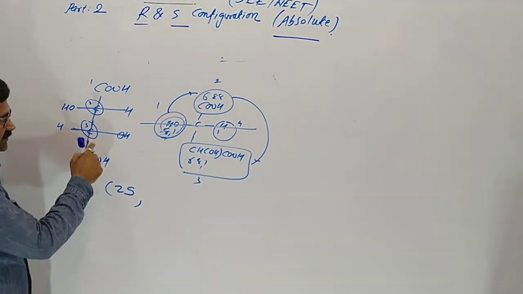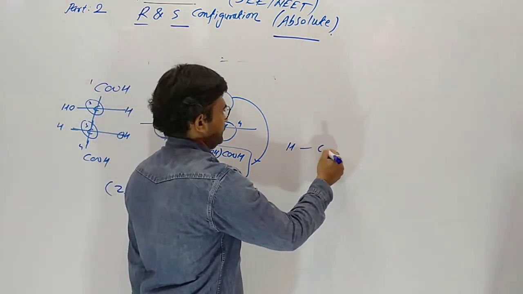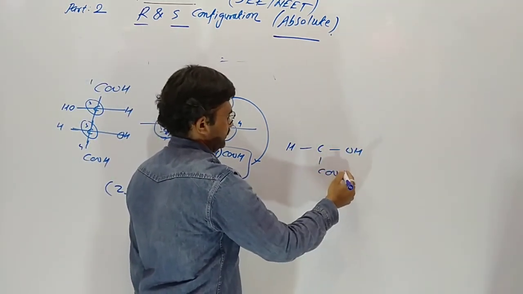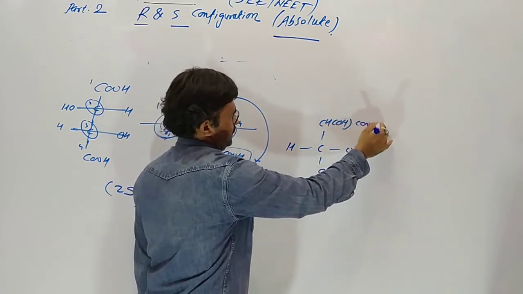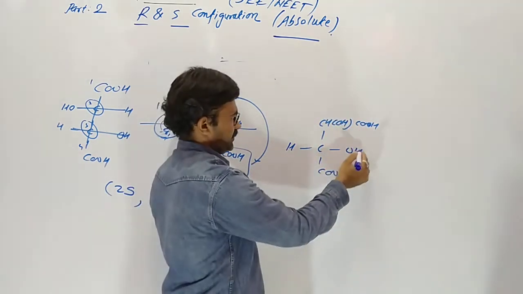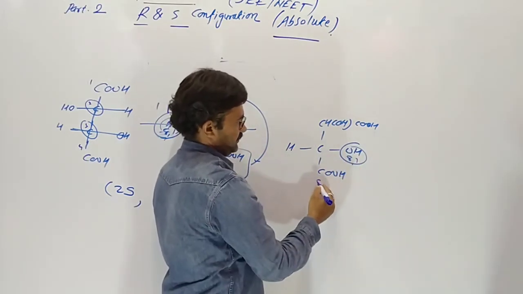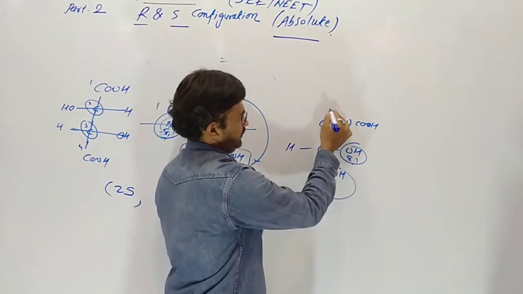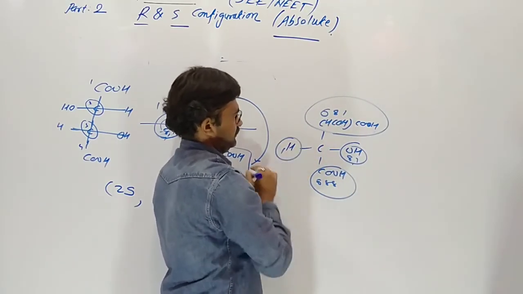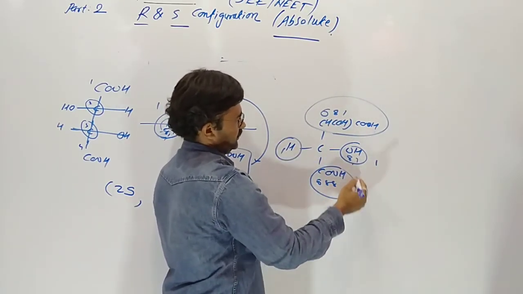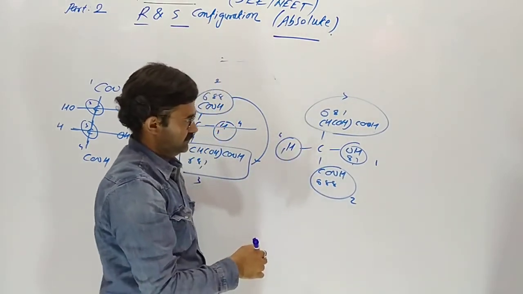Now what about the third carbon? HCOH, COOH, abbreviated form CHOH, COOH. So 8, 1; 6, 8, 8; 6, 8, 1; then 1. So 1, 2, 3, 4.